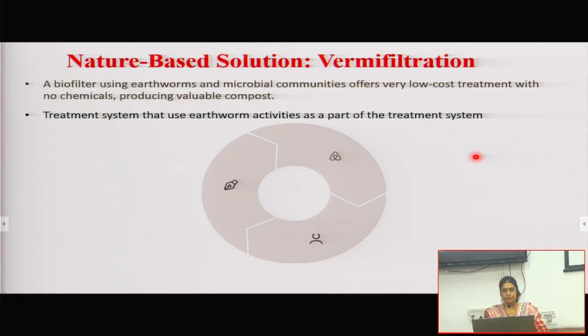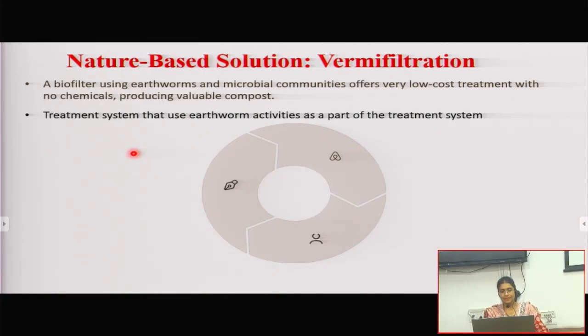This is a low-cost treatment with no chemicals, producing valuable compost. That's important. You get very good compost, which can be used in agricultural systems. This compost obviously won't have antibiotics, because when using this as a treatment option, they're capable of degrading most of the ARGs and ARBs also.